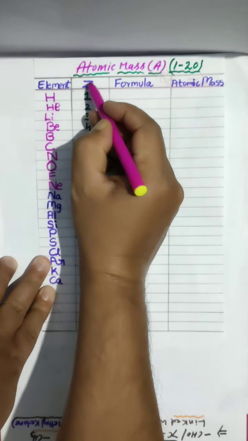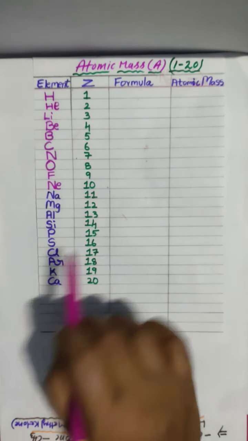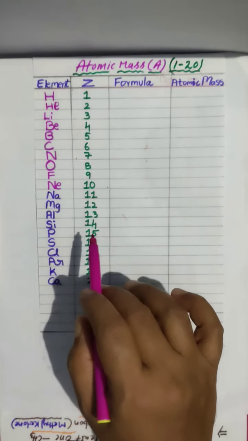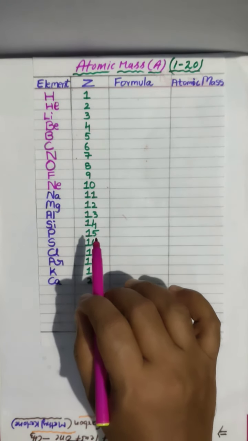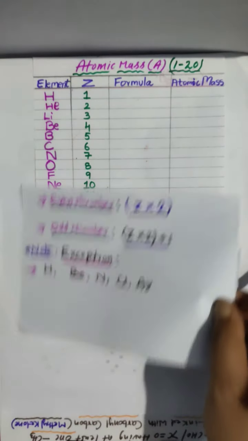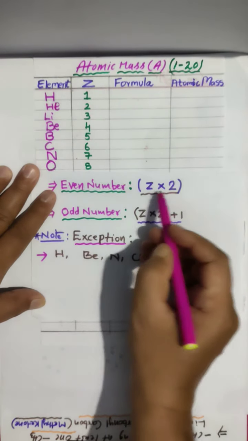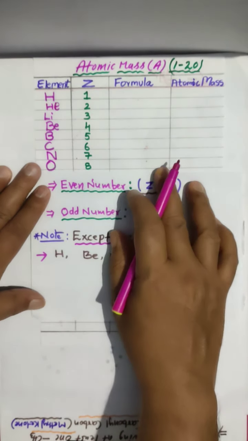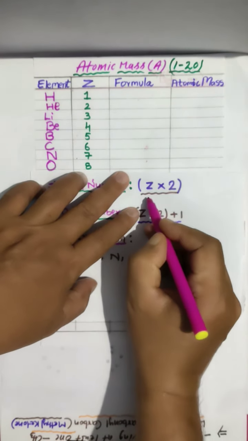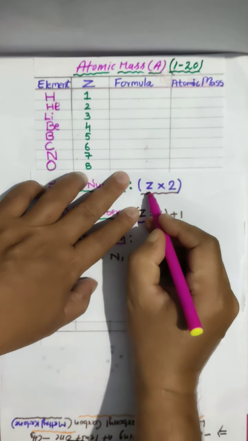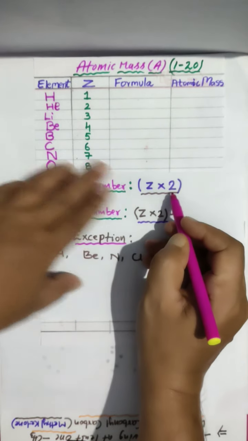So if you know the element's atomic number, then the mass number is very easy. We have to divide the elements into odd number and even number. If the atomic number is even, you have to use the formula Z into 2, meaning atomic number into 2.